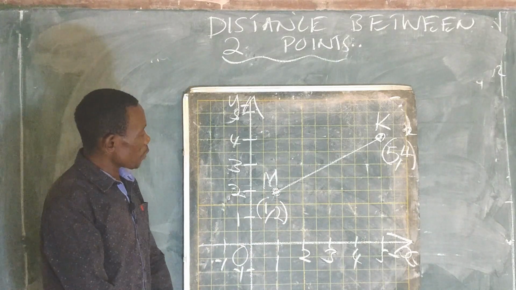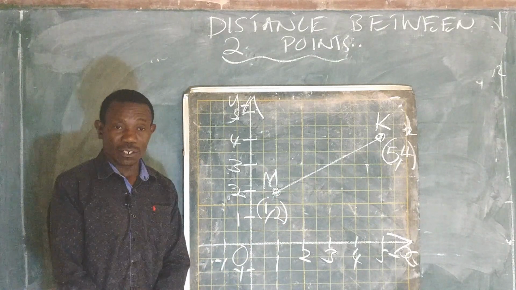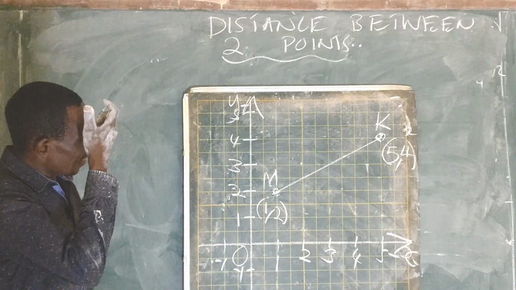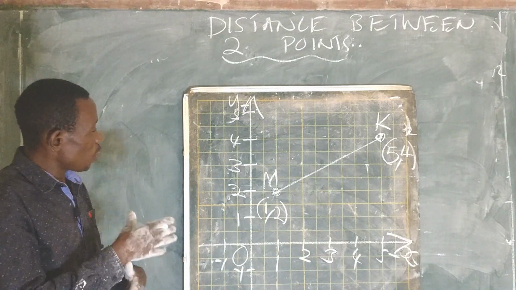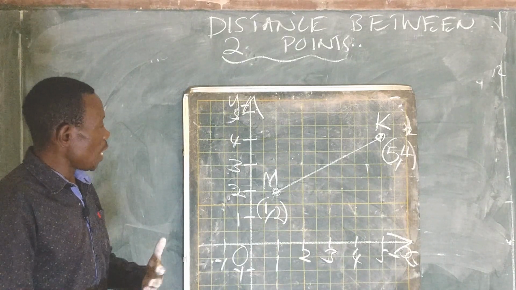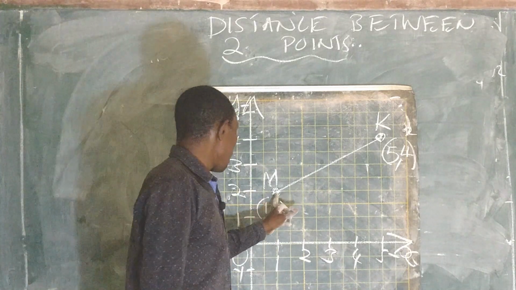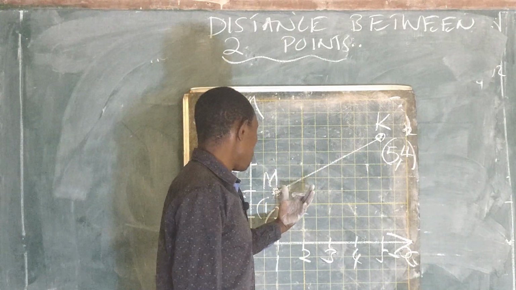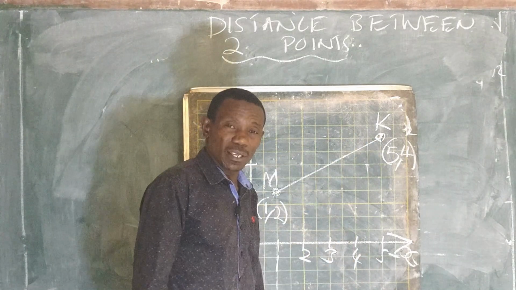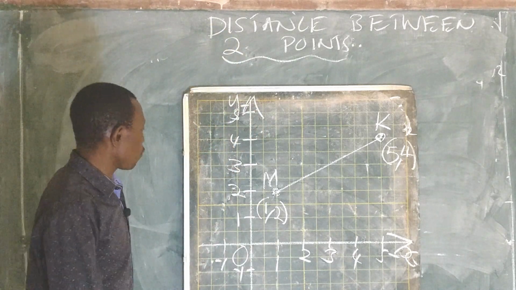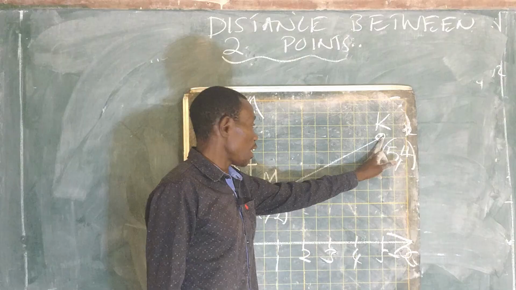Right, so if we analyze things here on the Cartesian plane together, you'll be able to realize that if we are considering the best way to come up with the distance between M and K, represented by line MK, what we need to do is just find the length of MK.